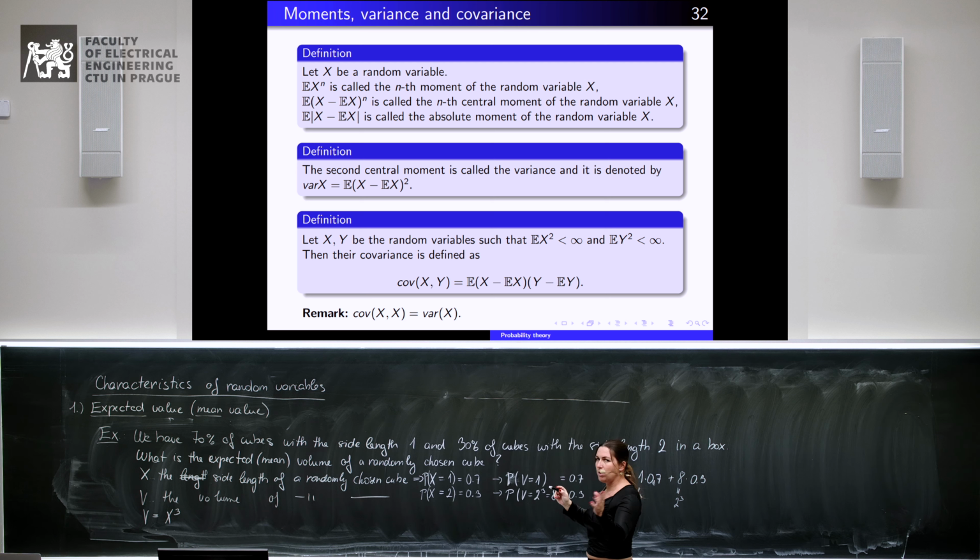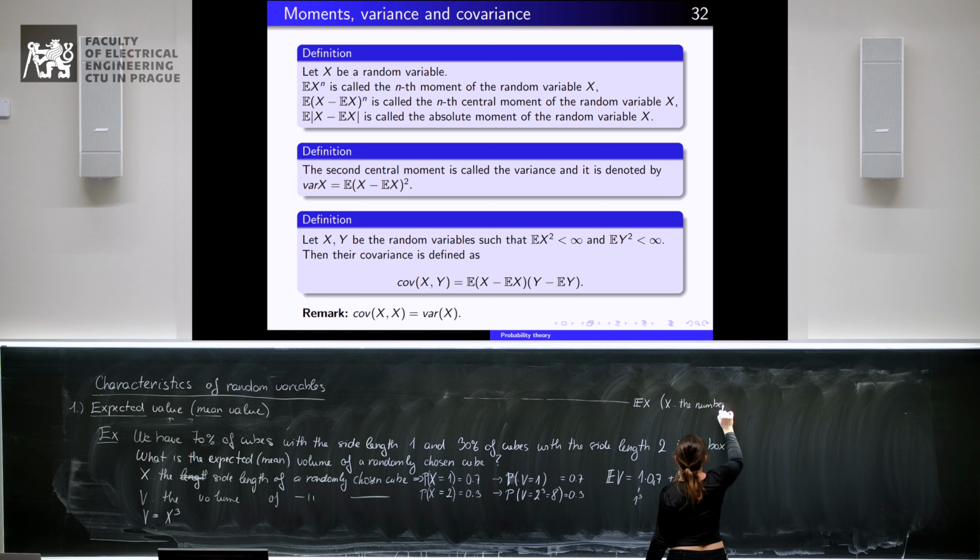So imagine when we threw the die. We know that the expected value is equal to 3.5.